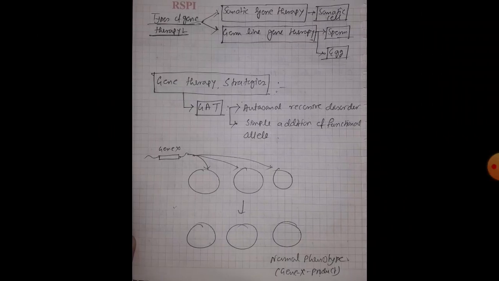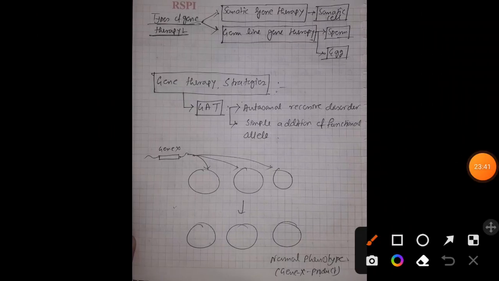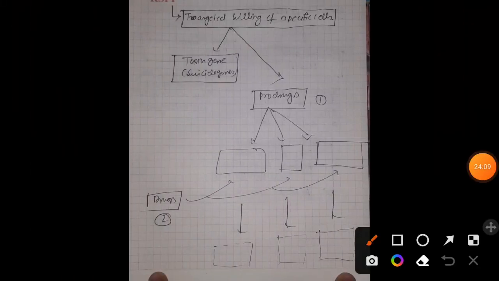Then we transfer them inside the disease cell, either in vitro, and then transfer the transformed cell, or in vivo, directly. The types of gene therapy are somatic cell gene therapy or germline gene therapy. Then we talked about gene therapy strategies: GATT, where we cure autosomal recessive disorders by simple addition of a functional allele, or targeted killing of disease cells, where we use toxin genes or prodrugs.